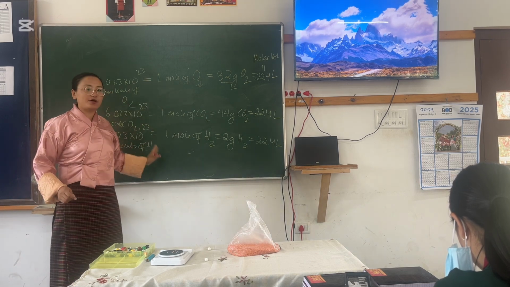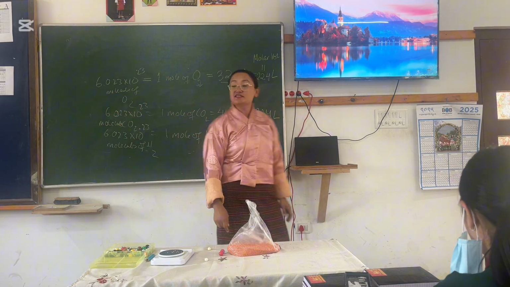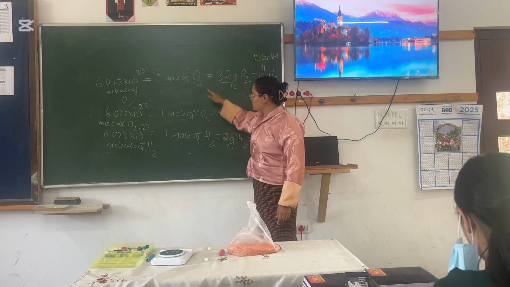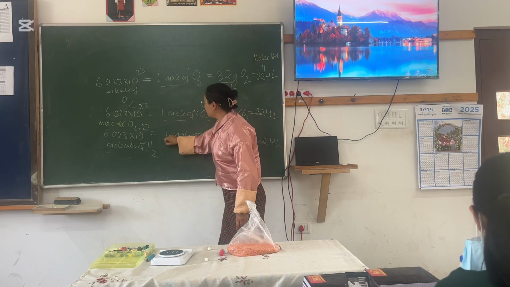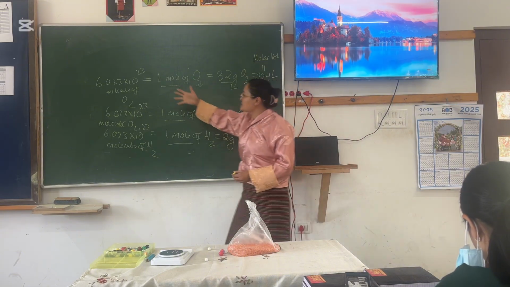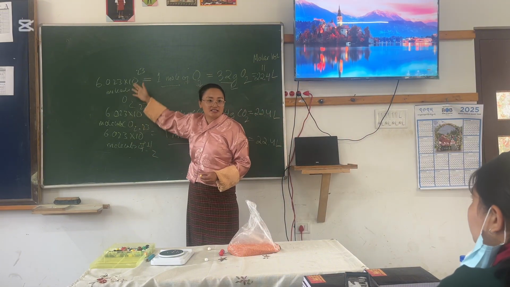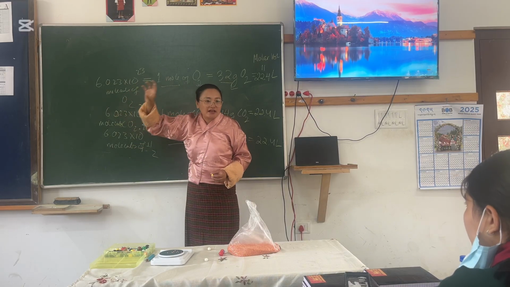Now look at this. What is similar? What is different here? You have different substances, right? You have oxygen, CO2, and hydrogen, but we are all taking 1 mole of each substance. What is similar? When you count these molecules individually, 1 mole means we know this many number. This is fixed.